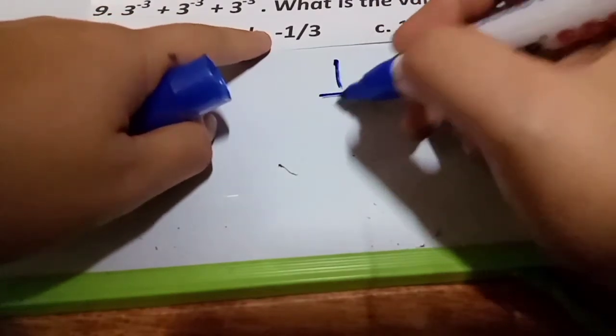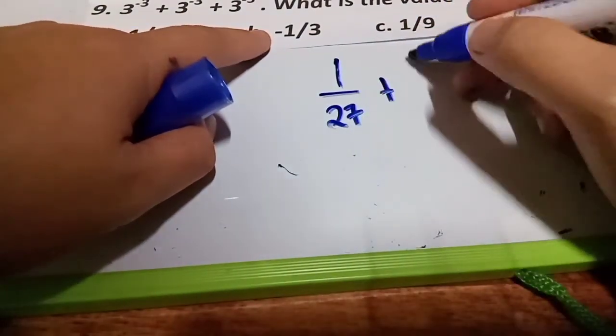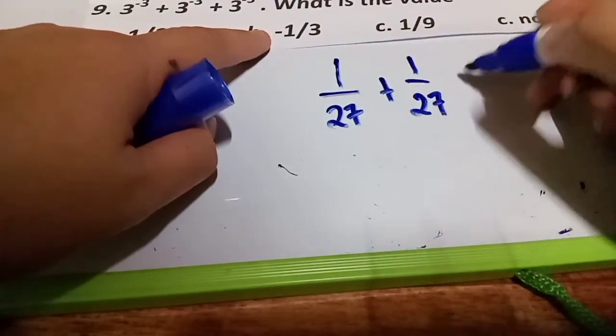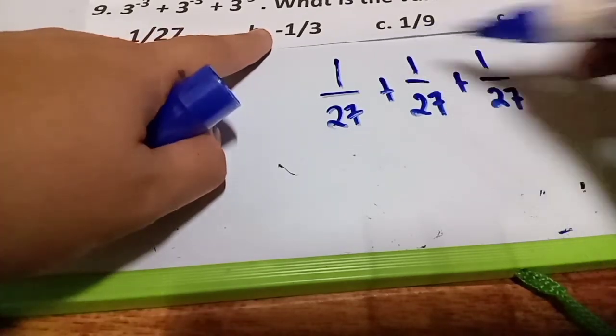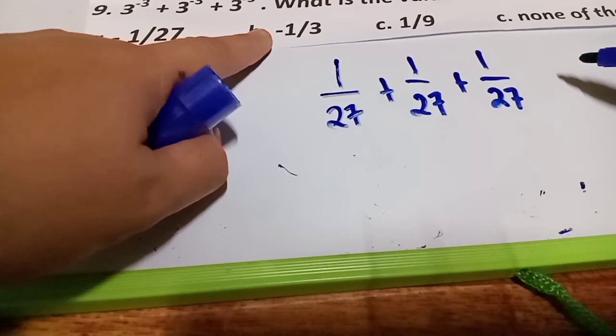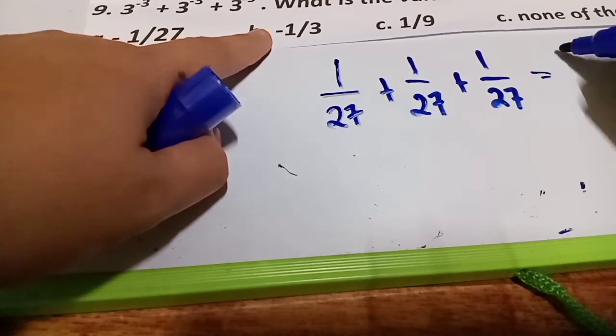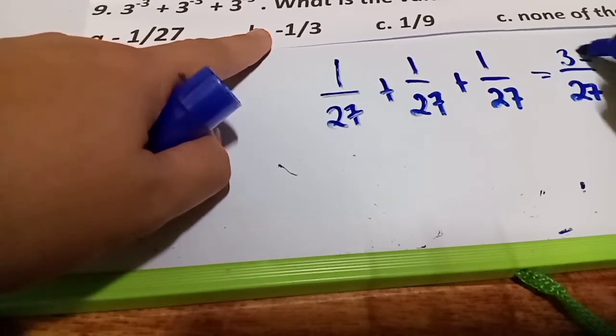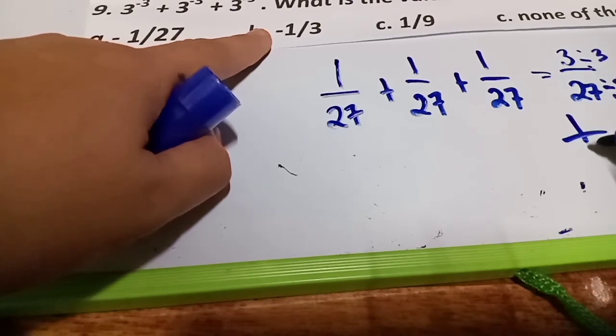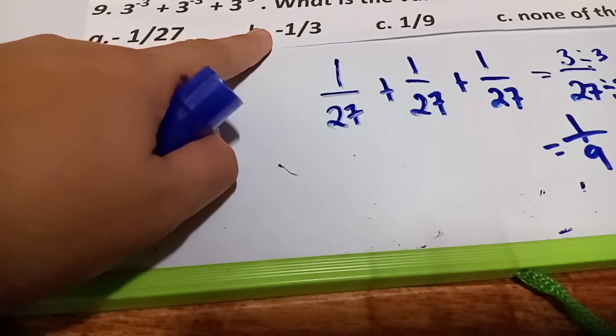So we will change each one as 1/27. And then we will add, this will become 3 over 27. And we know that 27 is divisible by 3. So the answer is 1 over 9.